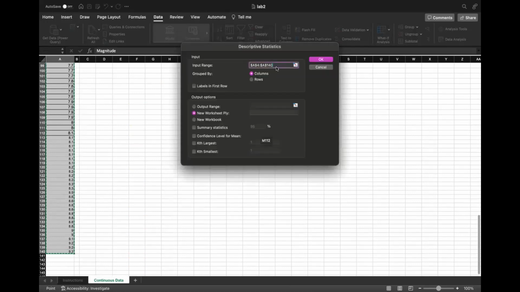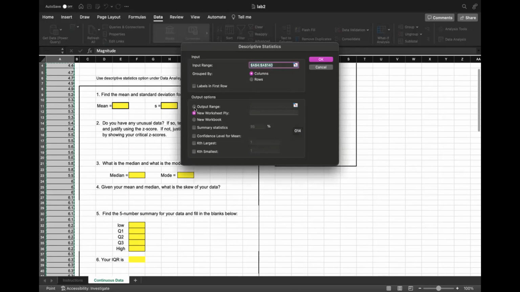Now, if you highlighted not enough, you can change this number. You can type things in here and change this if you want. And what I need right here is Summary Statistics. So once you have your input range, go down to the check boxes and check Summary Statistics. Oh, what I didn't do.